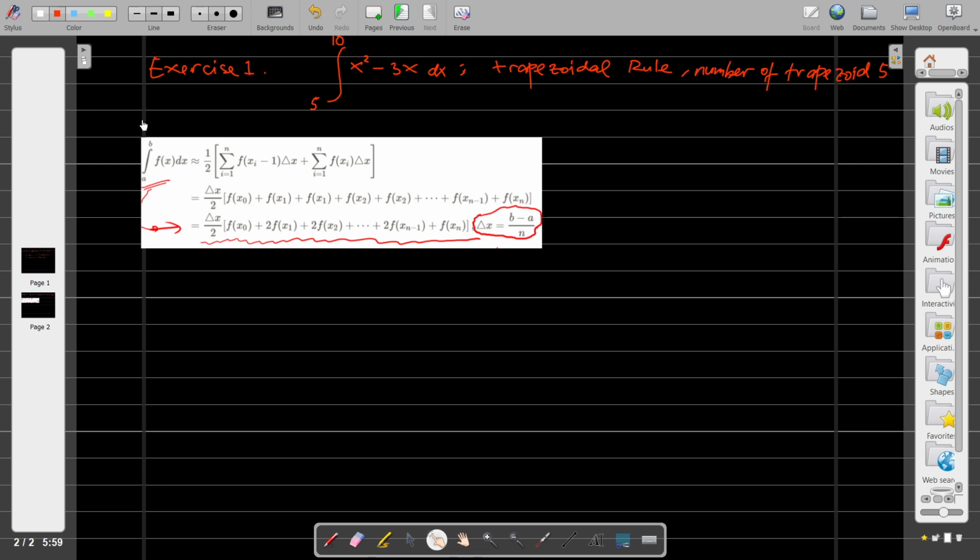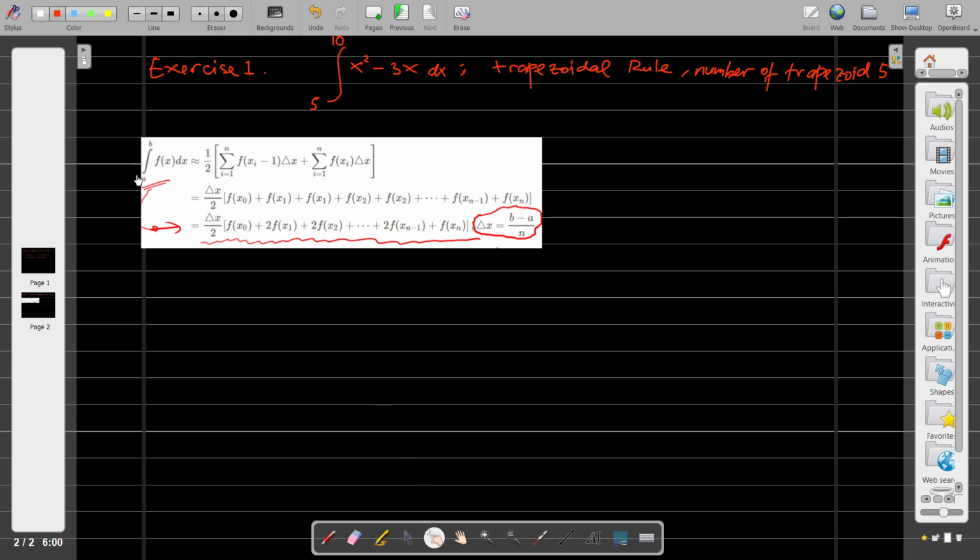I just copy it and paste it on this screen. Okay, now we make the formula first. In this formula, the integration from a to b of f(x) dx will be equal to this. So this is the general formula. Now we are going to make our formula.